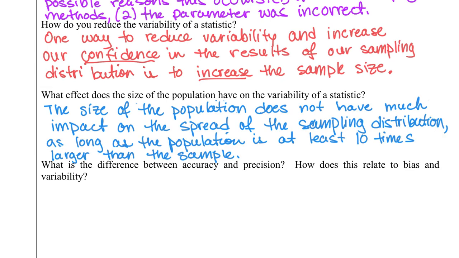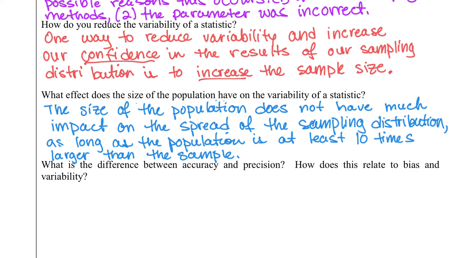Surprisingly, the size of the population really doesn't have much impact on the spread of the sampling distribution, as long as the population is at least 10 times larger than the sample. And this actually goes back to what we just studied in chapter 6 when we talked about independence. If I take too large a chunk out of my population, then I'm reducing my probability.